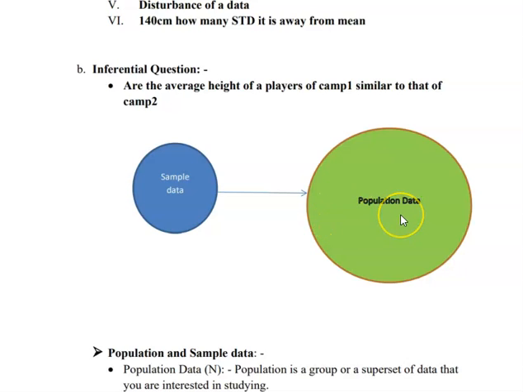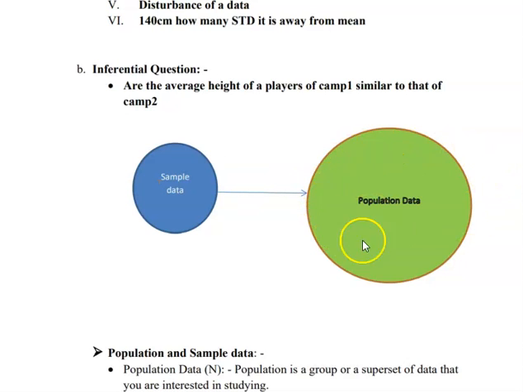Here the population data is the number of people who are eligible to vote. We cannot conduct a survey with all the people who are eligible to vote, right? So what we may do is pull out a sample of the data. We can conduct an experiment on this sample. Based upon that, we can conclude that this party will win this election, right?